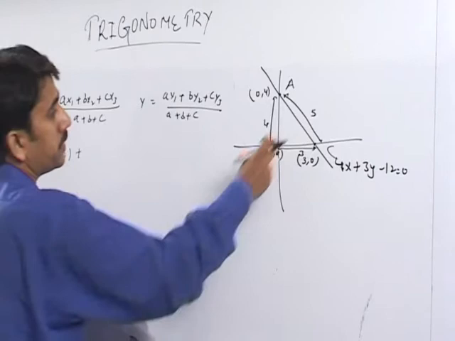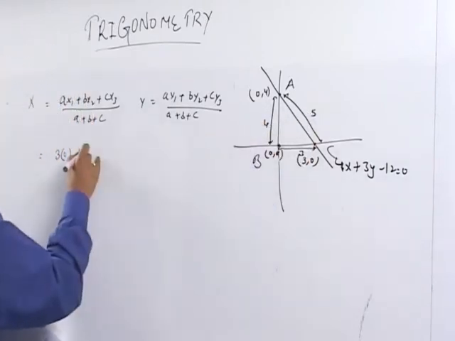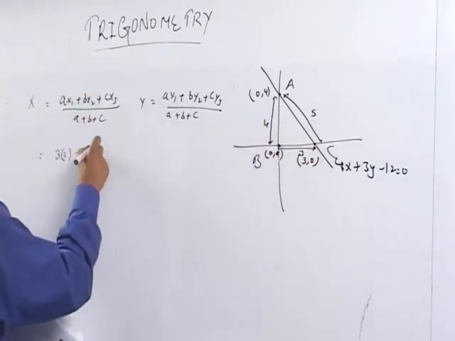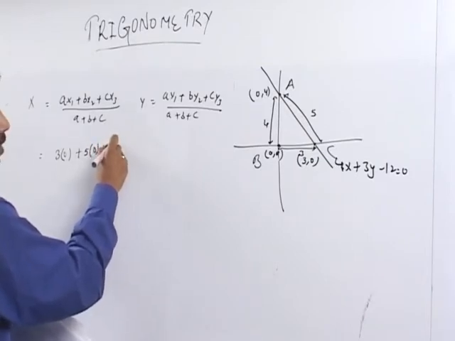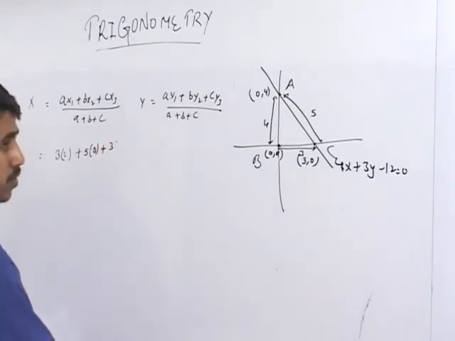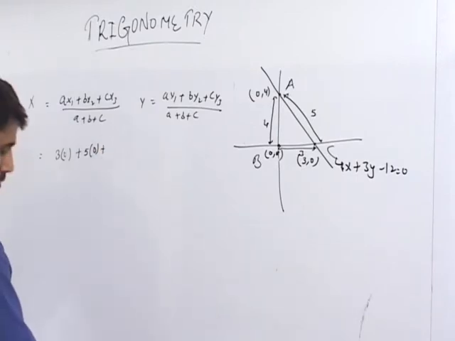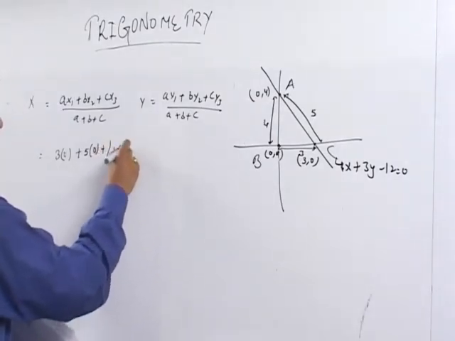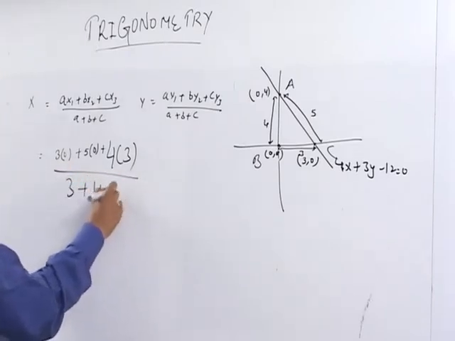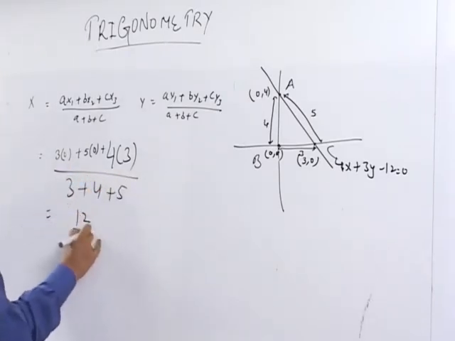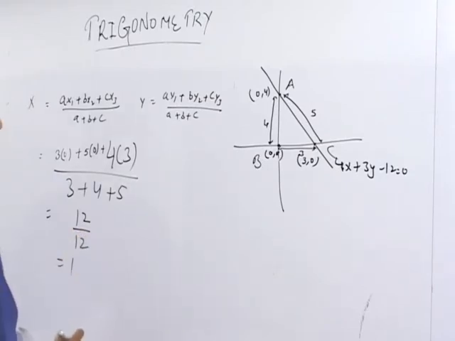For b, let's take this 5, and this again 0 plus 3, 4 into 3, all over 3 plus 4 plus 5, and this will be equal to 12 over 12, which is equal to 1.